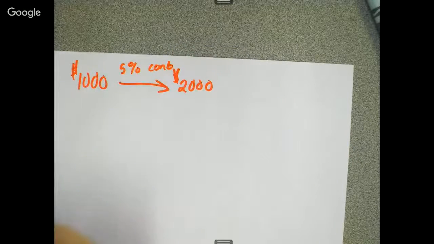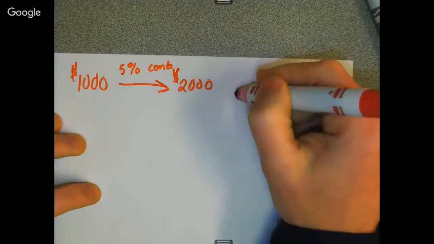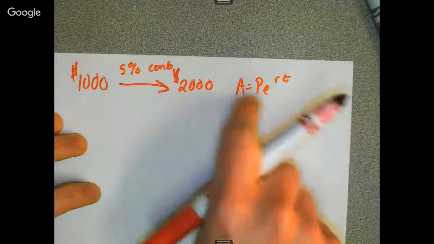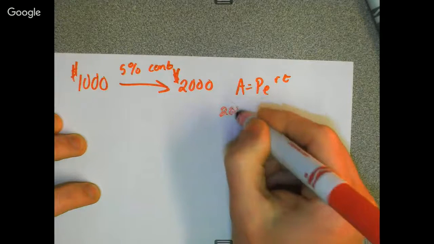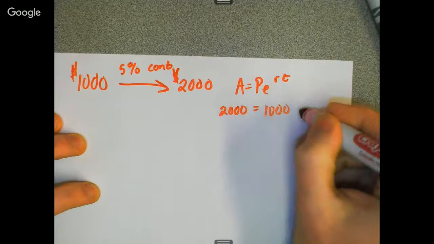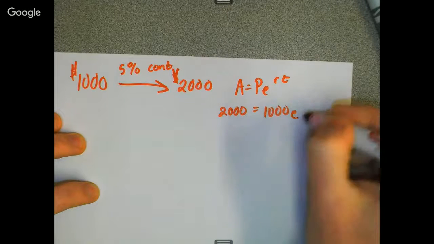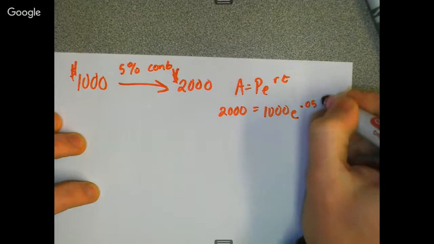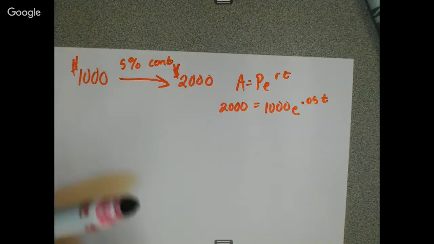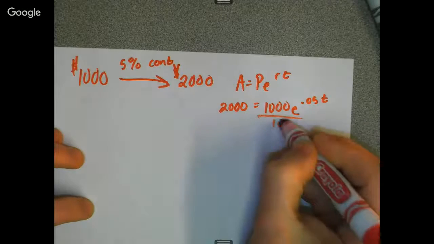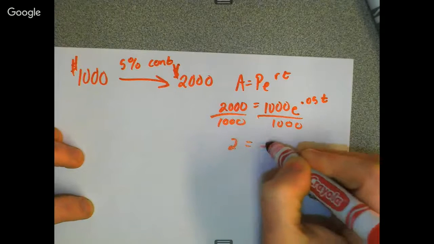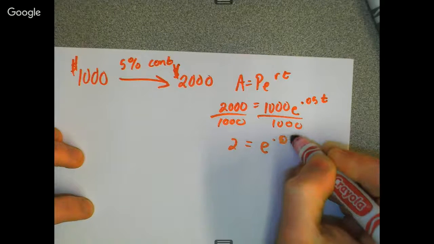Okay, so we should remember that we need the A equals P e to the rt formula. Well, the amount I want in the end is 2,000. The amount I'm putting in is just 1,000. The interest rate is 0.05, and I want to know t. Okay, so then we're going to solve it. We'll divide by 1,000. We get 2 equals e to the 0.05t.